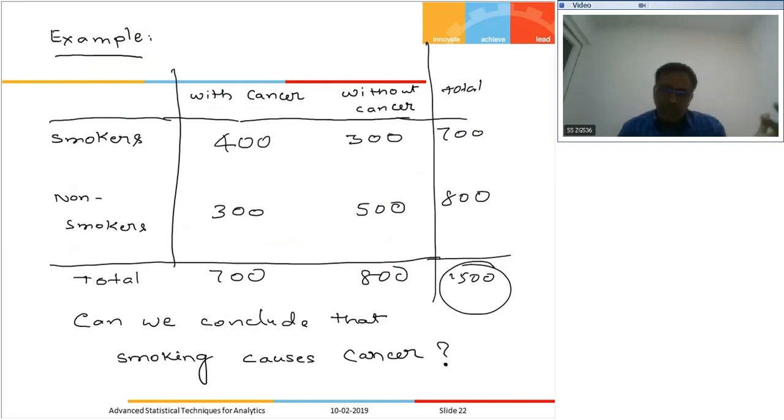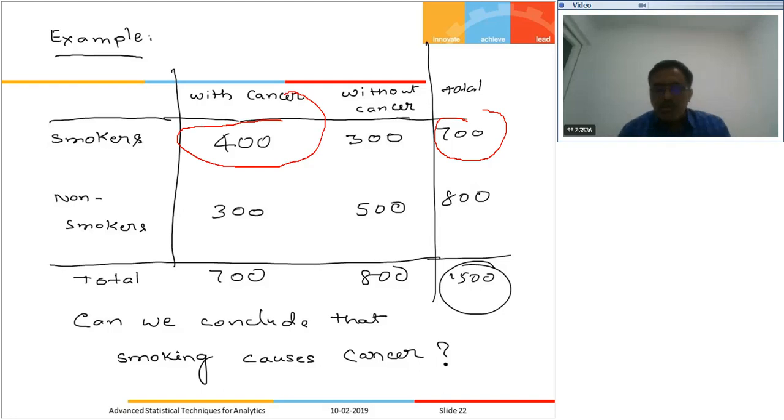Now if you see this, it comes under what we discussed, mean and proportion, right? It is also proportion, but here it contains many proportions. Out of 1500, 700 are smokers and 800 are non-smokers, 700 are cancer patients and 800 are not, like this. Similarly, out of 700 smokers, 400 are having cancer.